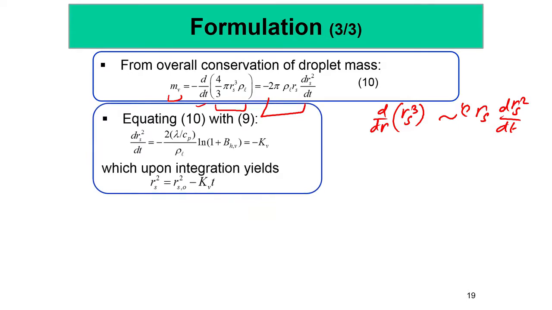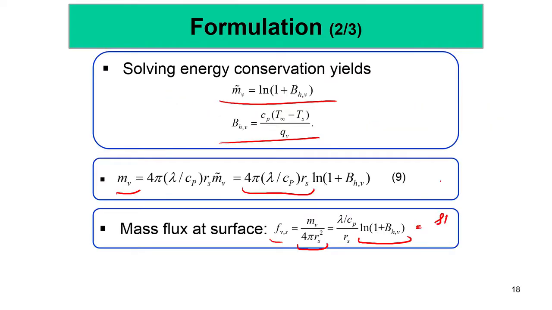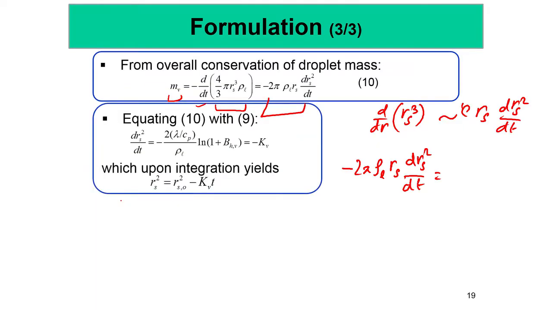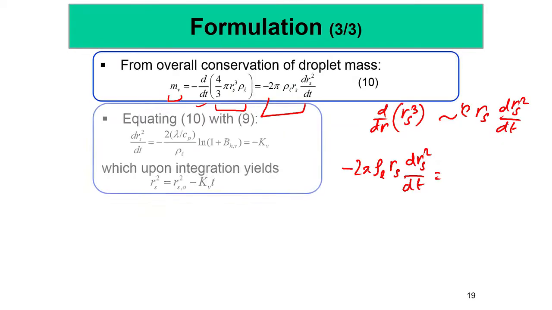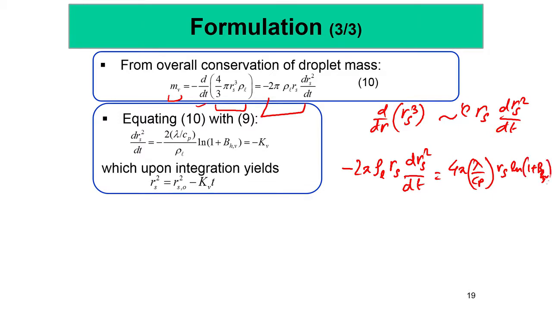So now once you equate this thing, that is minus 2 pi rho L times Rs dRs square dt is equal to this thing, which is nothing but 4 pi lambda by Cp times Rs times ln 1 plus Bhv. Okay.